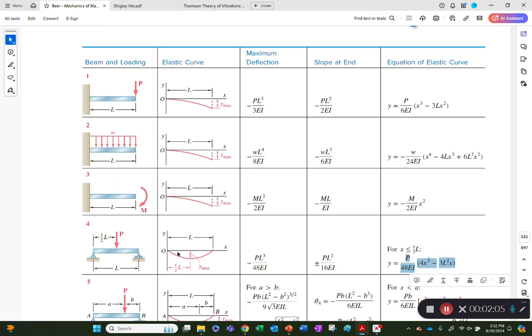If you want to find the deflection at any given point along the beam, this is the equation to use. It's only good from 0 to 1/2 L, but then it's a mirror image, so that's fine.